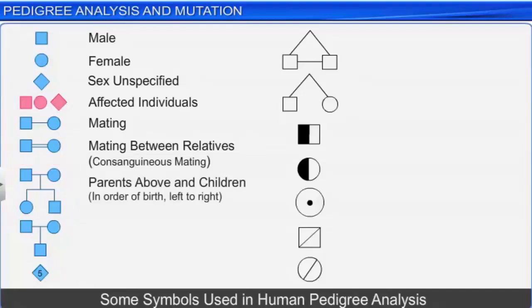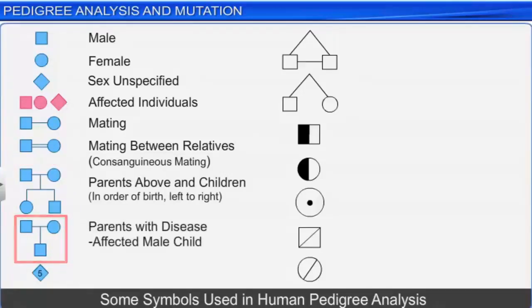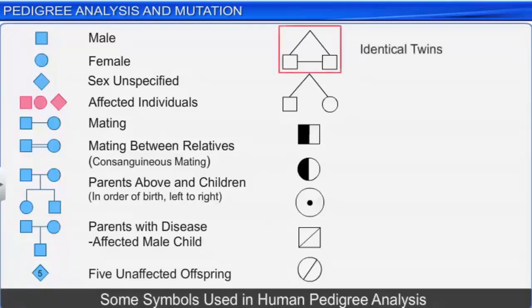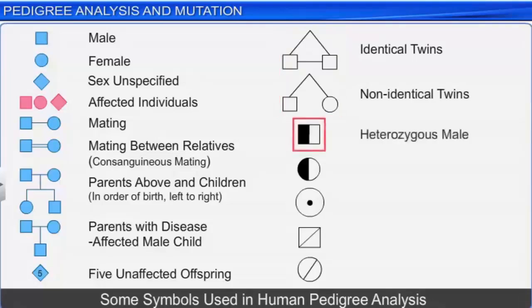However, a parent with a disease-affected male child is represented differently, and 5 unaffected offspring are represented by a number within the rhombus. Identical twins and non-identical twins are represented as shown. Whereas a heterozygous male is represented by a half-filled square and a heterozygous female by a half-filled circle.